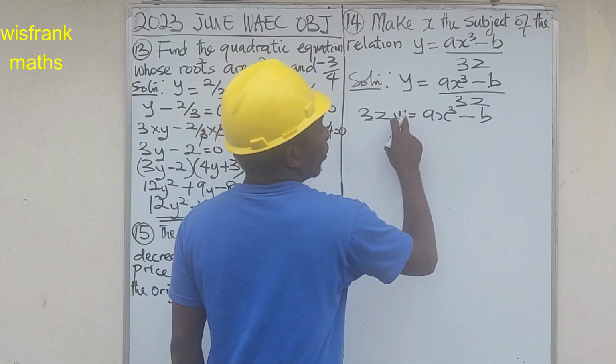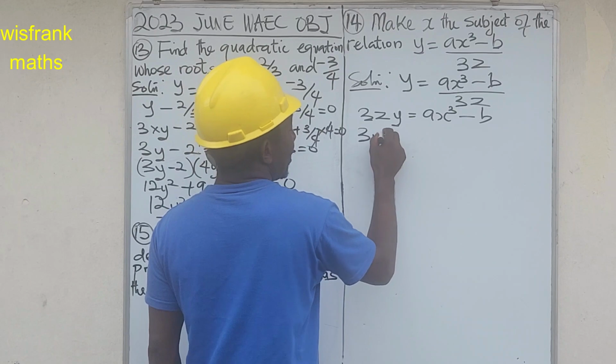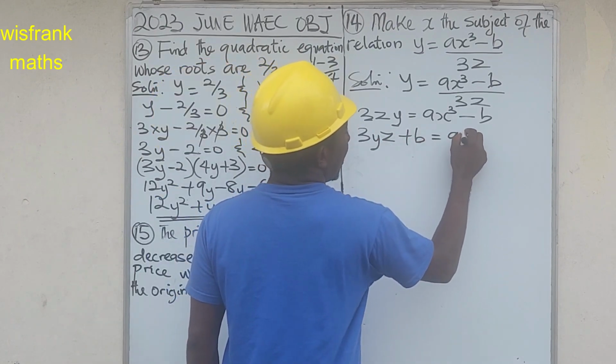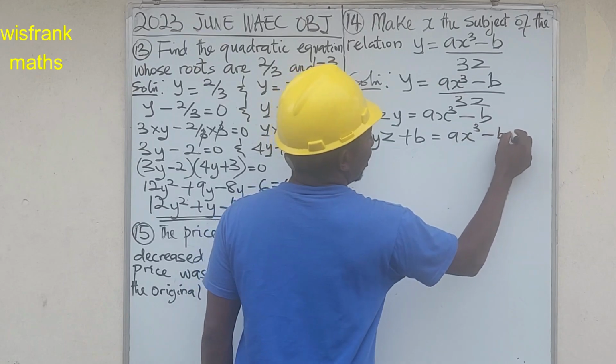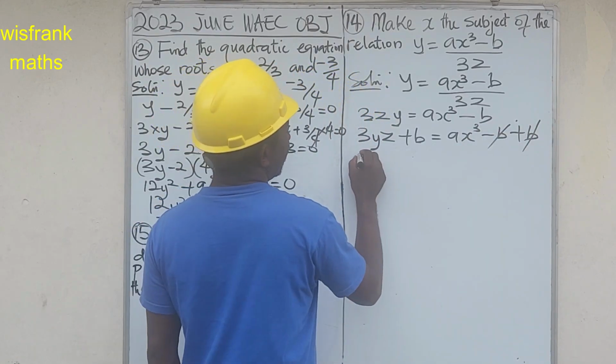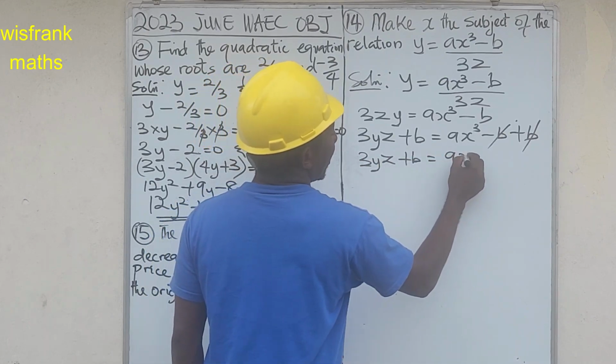So in this case, we have to add b to both sides. So we have 3yz, let's rearrange this way, plus b equals ax cubed minus b plus b. So here b will cancel itself and we are now left with 3yz plus b equals ax cubed.